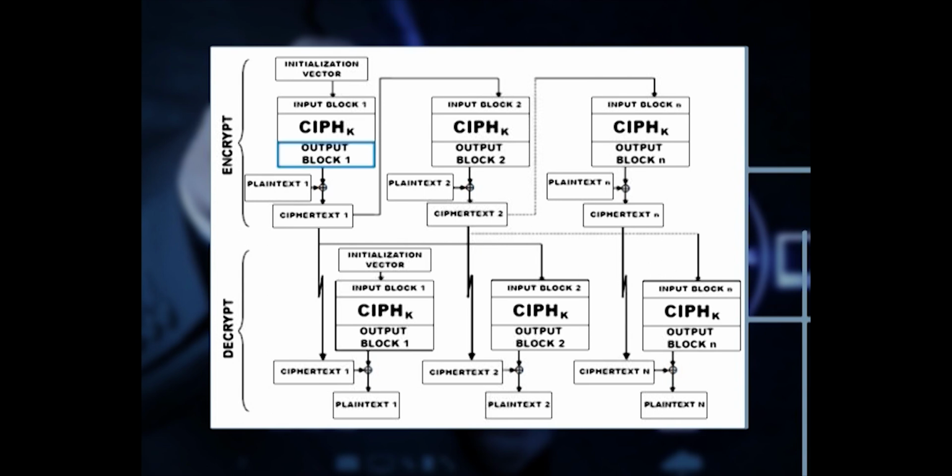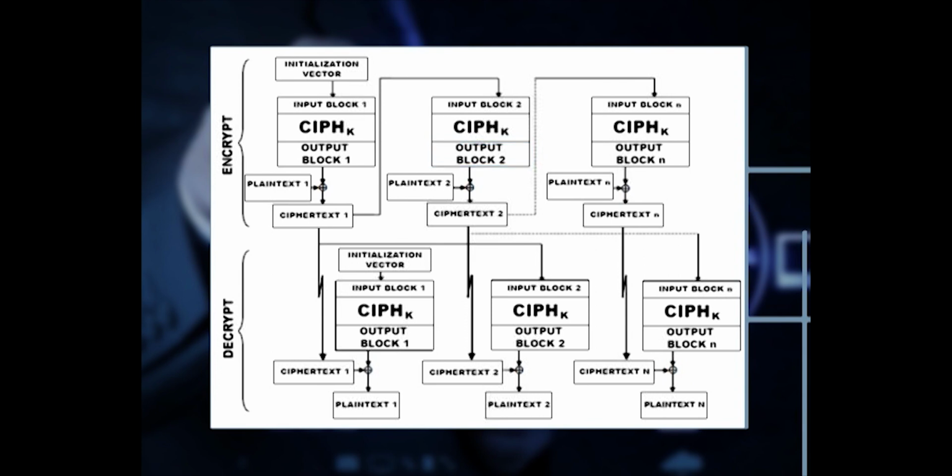The first output block is exclusive ORed with the first plaintext block to produce the first ciphertext block. The forward cipher function is then invoked on the first output block to produce the second output block.